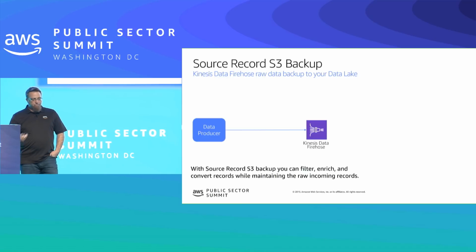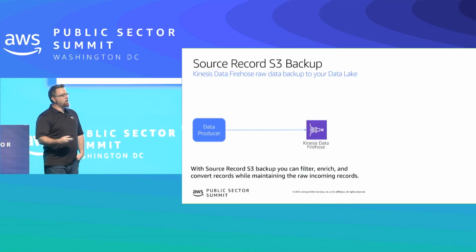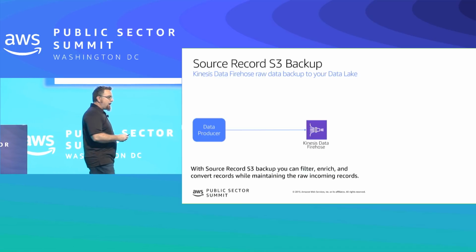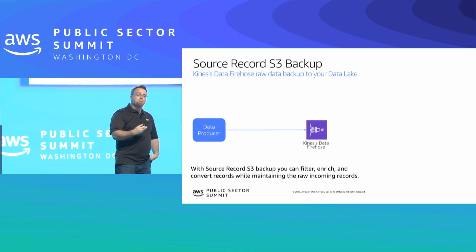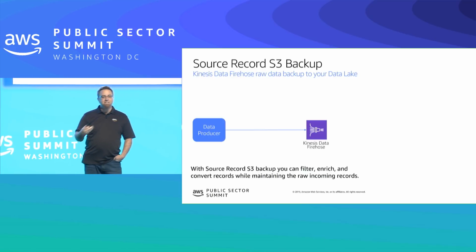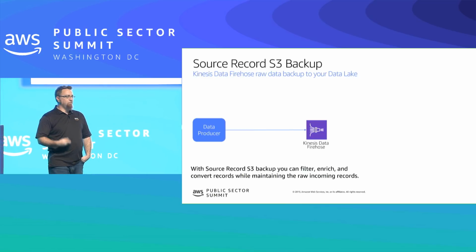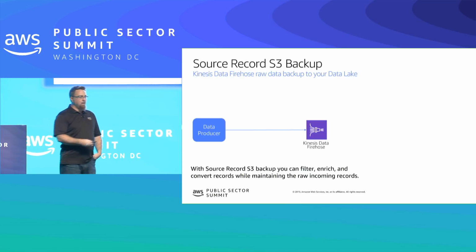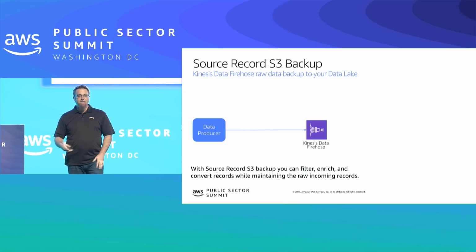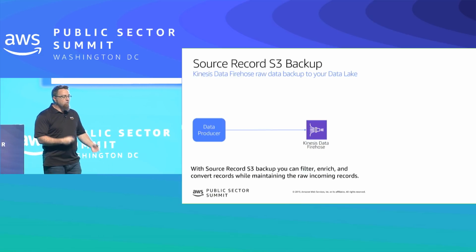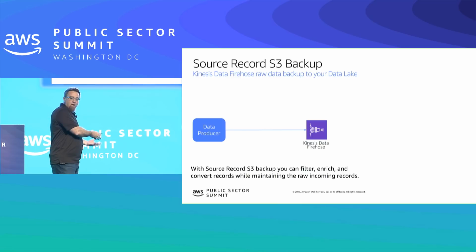And now, if you are going on a data lake journey, you may understand some of the best practices around storing your data. And a lot of times you may hear gold, silver, bronze, or you may hear raw data, processed data, curated data. Well, a lot of times you want to save that raw data.